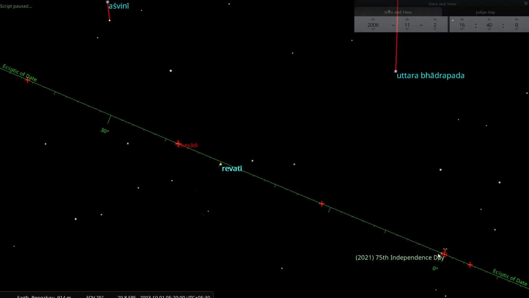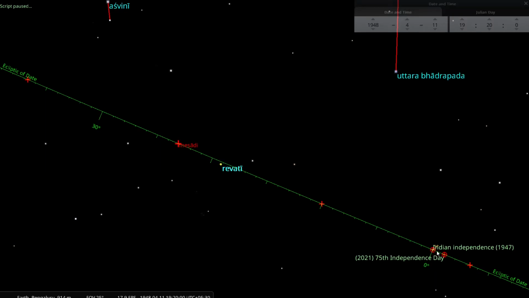Now I move time backwards, and here is Vasanta Vishuvat on the first Indian Independence Day, 1947. Pardon me that up here it doesn't show the exact year, it shows 1948, but because I'm moving the animation so fast that it does not stop exactly where I want it to stop. It sometimes overshoots, sometimes falls a bit short, but I am showing you the year here, 1947.